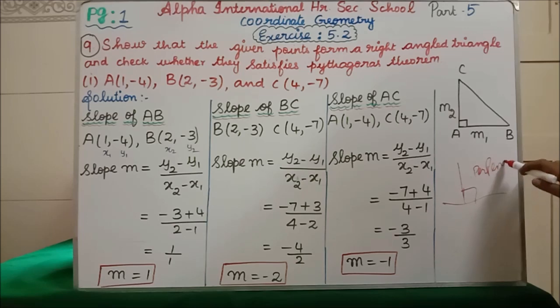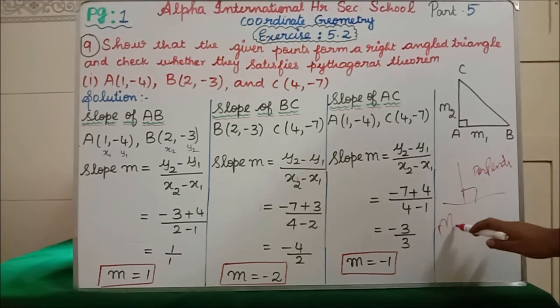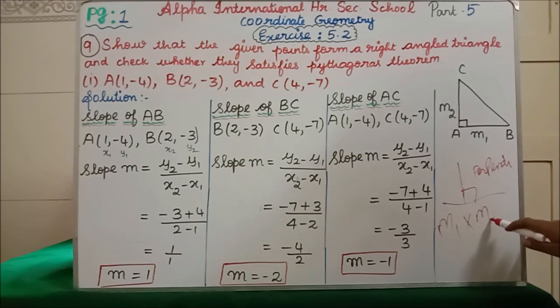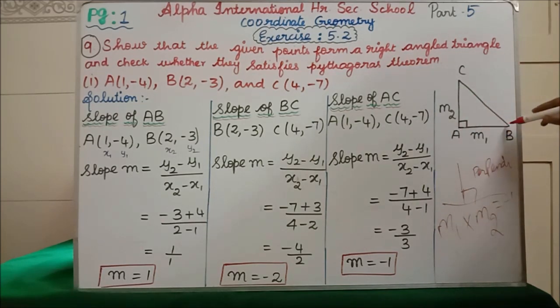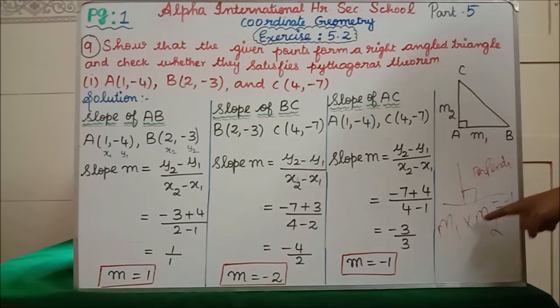What is the formula for perpendicular? M1 into M2 is equal to minus 1. Clear? Since if this AC line is perpendicular to AB only, we can say it is a right angle triangle, isn't it? So we are going to use the perpendicular condition. For perpendicular we have the formula M1 into M2 is equal to minus 1.